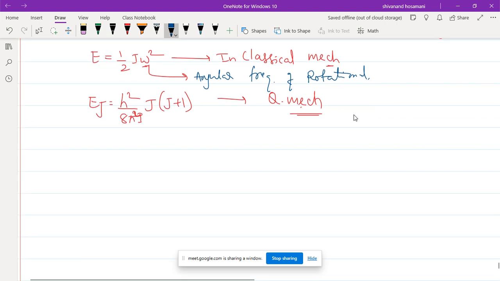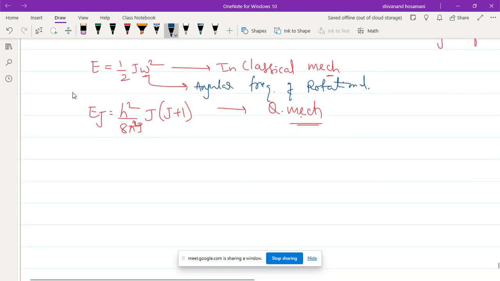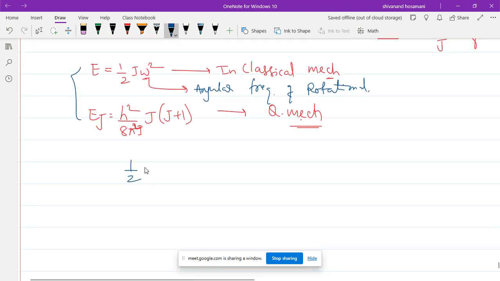If we compare these two, half I omega square is equal to h square divided by 8 pi square I into J into J plus 1.